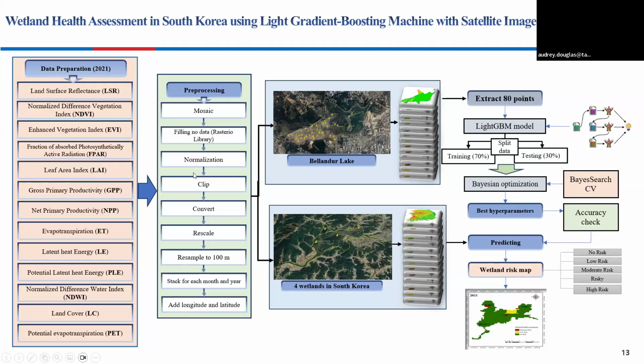And then I started with pre-processing the data set, like mosaicing, clipping, normalizing, rescaling, and resampling all those images I have, right? And then I started making my model. And after that, I needed to evaluate the results of my model, right? This is a very simple example.